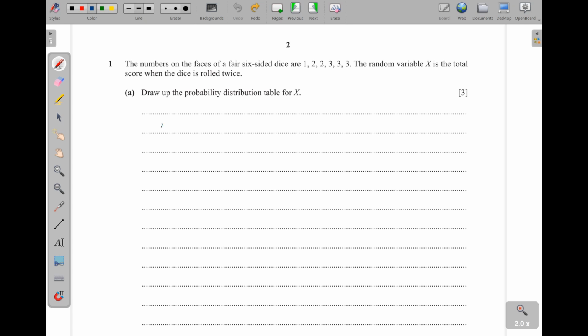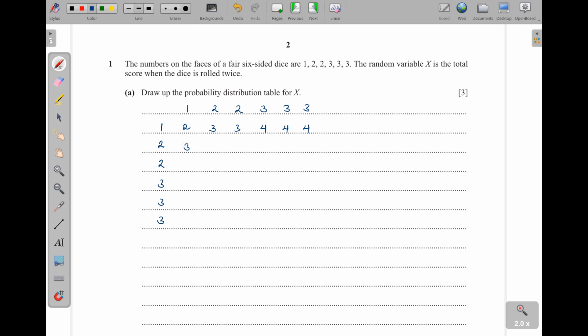So I can put the scores of 1, 1, 2, 2, then 3, 3, 3 here. The other one here, 1, 2, 2, then 3, 3, 3, like that. Then when we add 1 and 1, we shall get a 2, then 3, then 3, here 4, 4, 4.